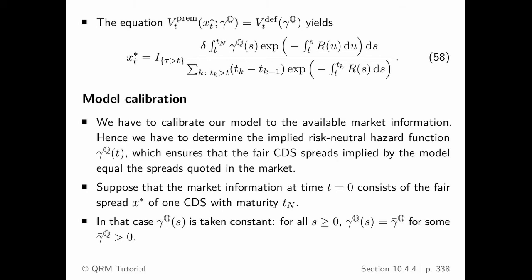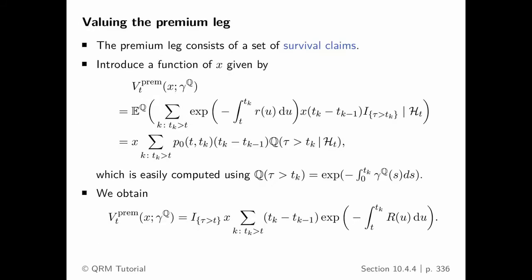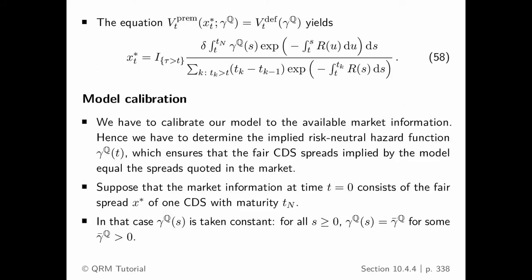Now if we go back here, the value of the premium payment for a given spread X is just linear in X. It's X times something. And so to solve this equation, we simply have to divide the value of the default payment by something, which gives this formula here for the fair spread of the contract. Good. That's the first part, that's the pricing.